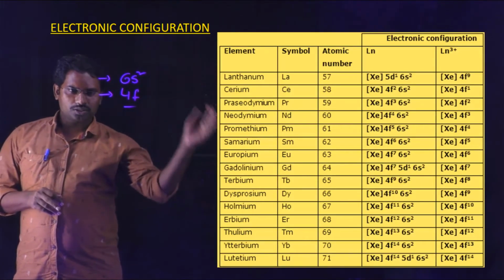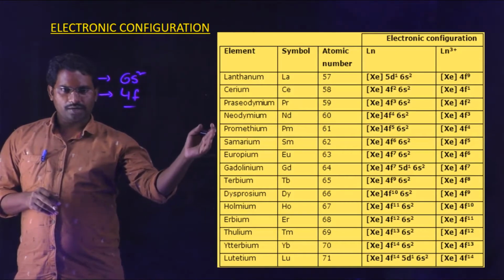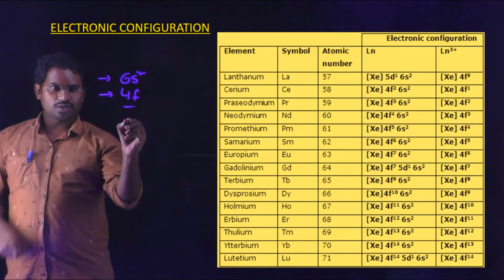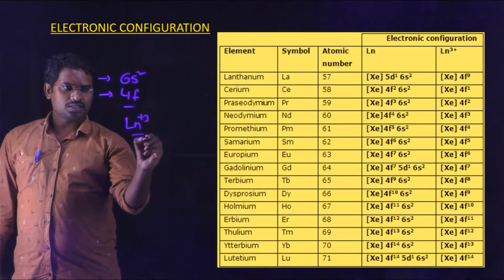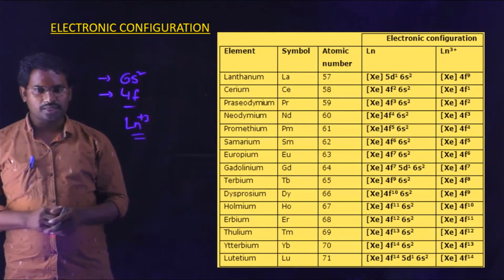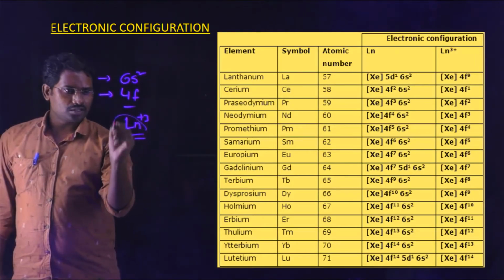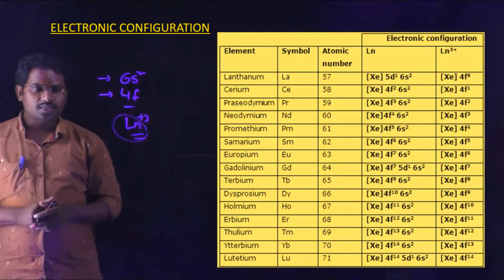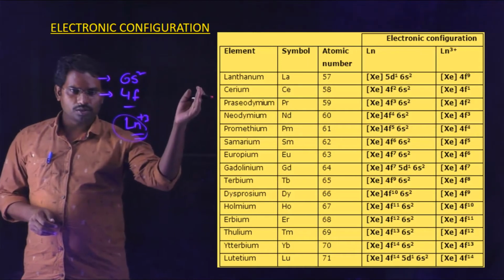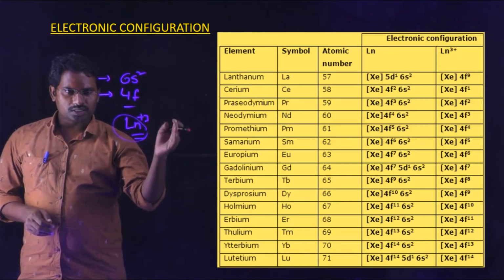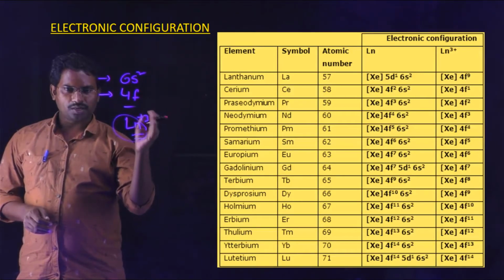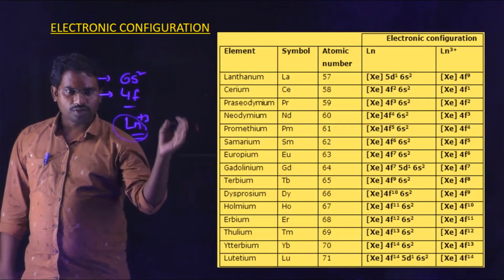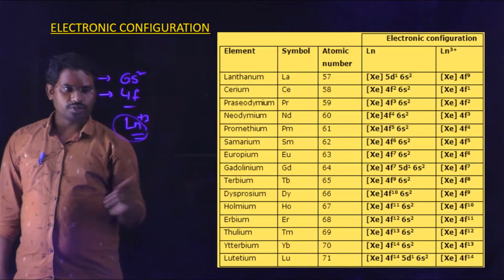Now come to the last column of this table: the electronic configuration of lanthanoids in the +3 oxidation state, Ln3+. We know that lanthanoids are represented by the symbol Ln, and they are more stable in the +3 oxidation state. For lanthanum it is xenon 4f1, for cerium, atomic number 58, xenon 4f2, then 4f3, up to 4f14.